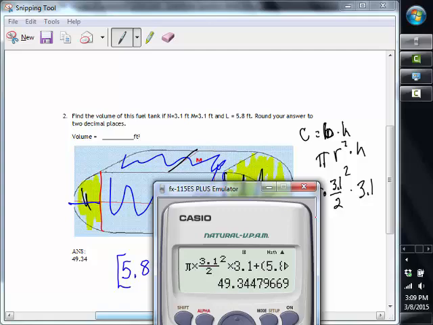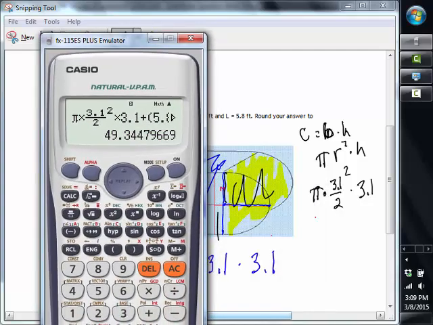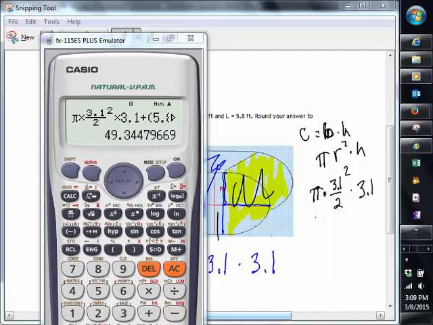Round your answer to how many decimal places? 2. 49.34. Next one.